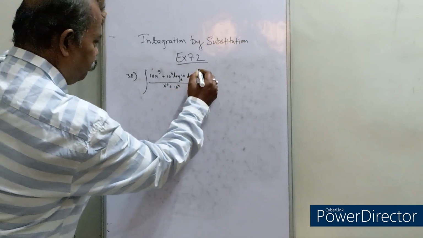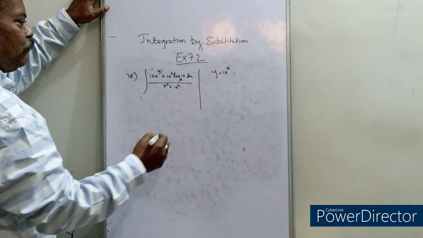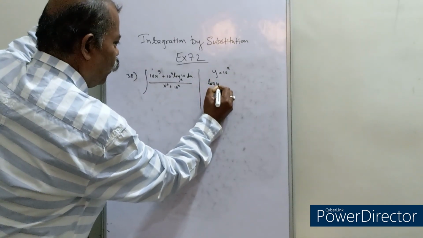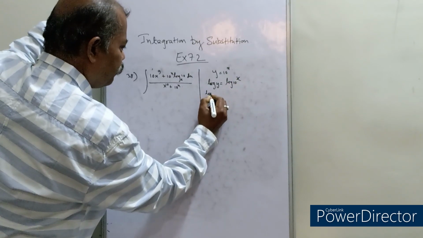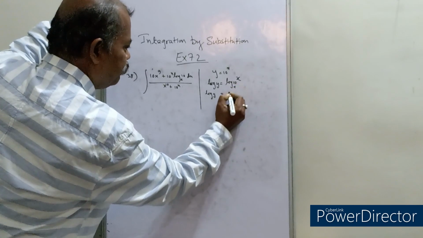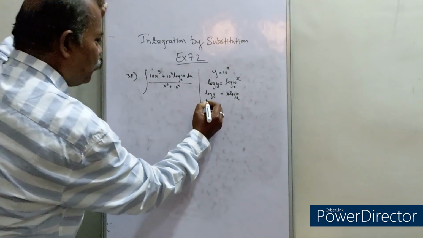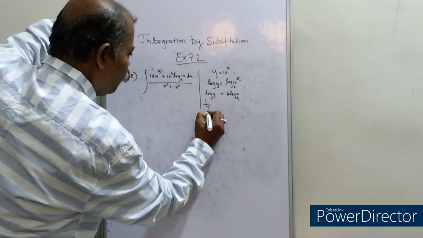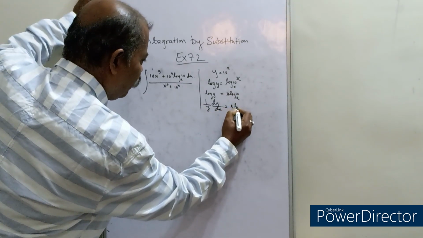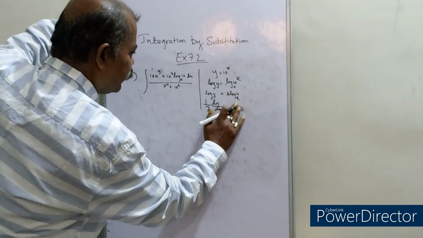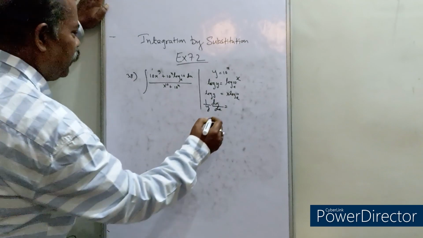For this, let y = 10^x. To differentiate, take log y. Log y = log 10^x, so log y = x log_e 10. Now when I differentiate, applying the chain rule, (1/y) dy/dx = log_e 10, considering log_e 10 as a constant.